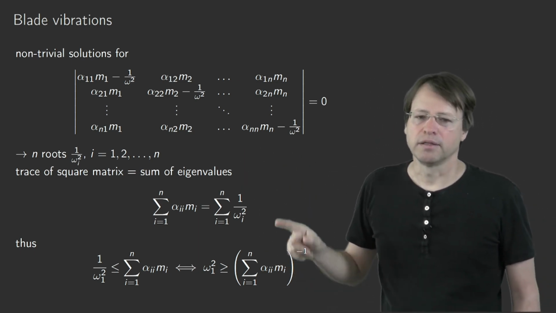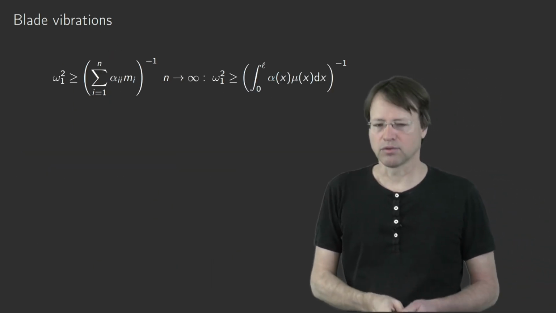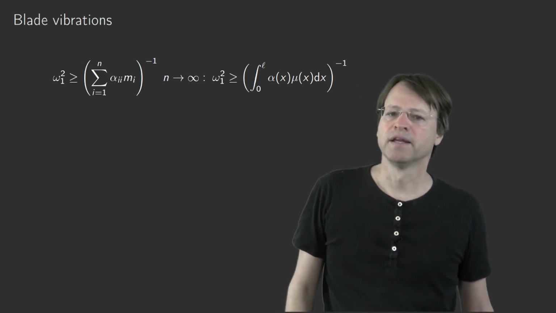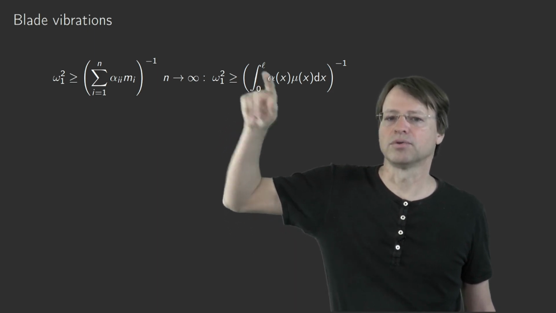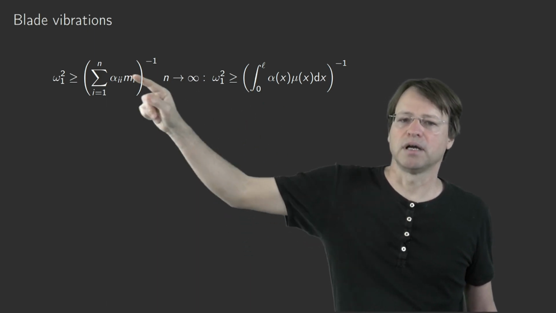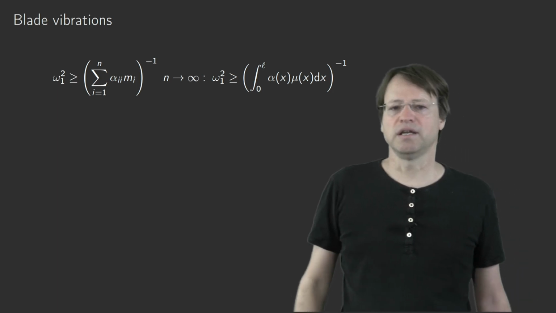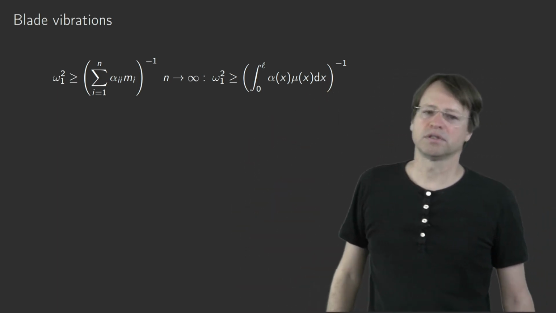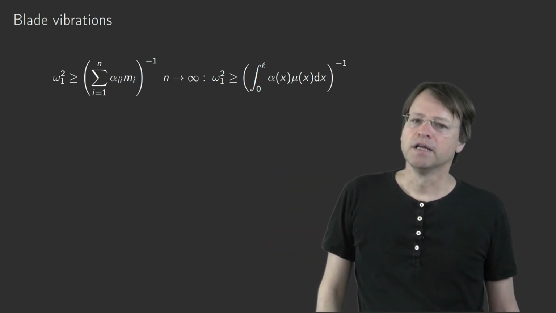And then this sum here will be a Riemannian sum, which converges, for the case that n, the number of segments, tends to infinity, to an integral running from 0 to L. Alpha x m sub I is then replaced by the linear mass density rho times mu of x dx. And don't forget to take this to the power of -1, so it's in the denominator here.